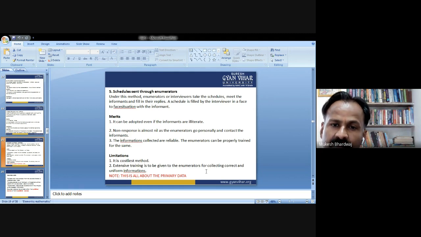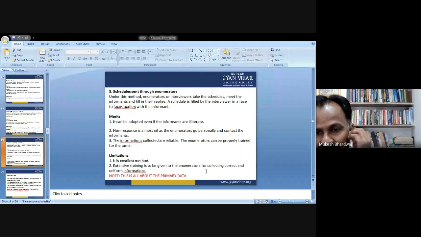A schedule is filled by the interviewer in a face-to-face situation with the informant. The merits: it can be adopted even if the informants are illiterate. Non-response is almost nil, as the enumerators or interviewers go personally and contact the informants. The information collected is reliable. The enumerators can be properly trained for the same.